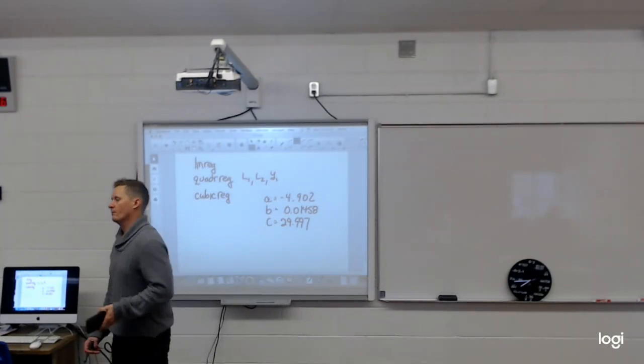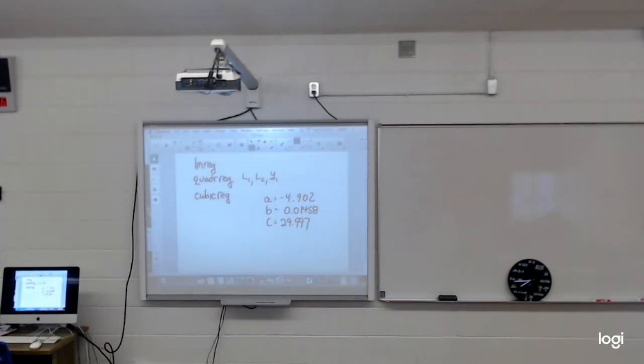Is this linear? Now you go down. Function, Y1, that goes there.